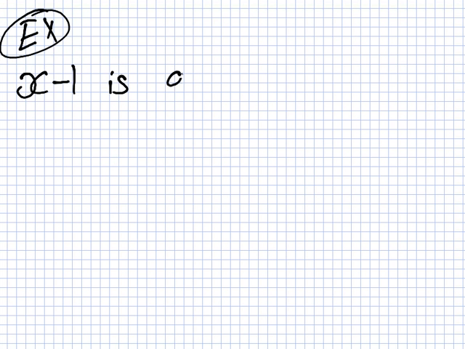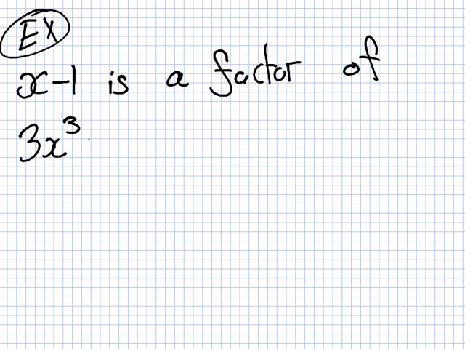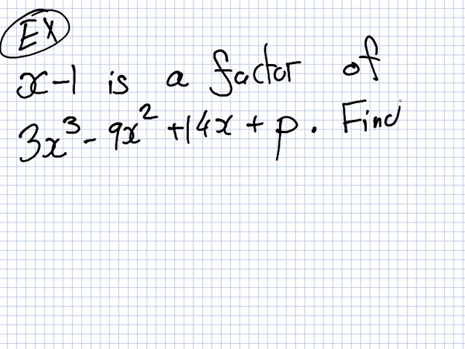X minus 1 is a factor of, let's go with, 3x cubed minus 9x squared plus 14x plus p. And I don't tell you that, and that's what I want you to do. I want you to find p.